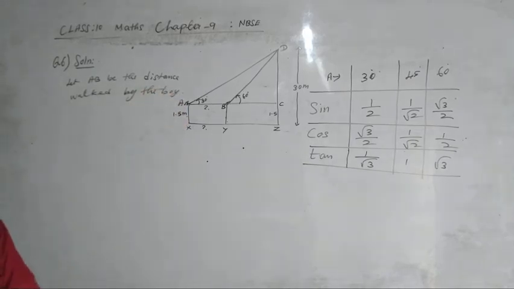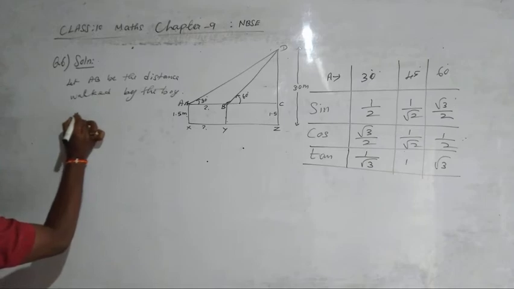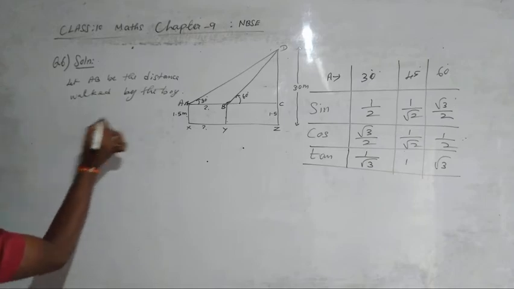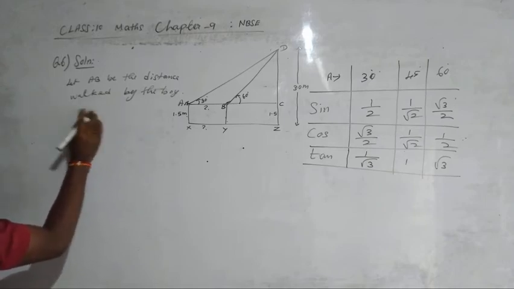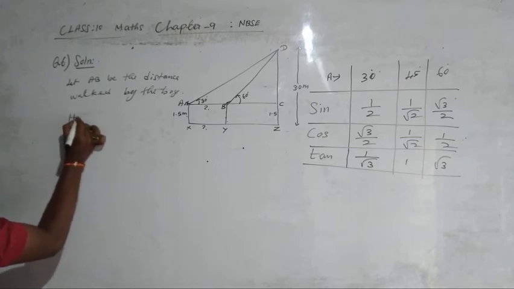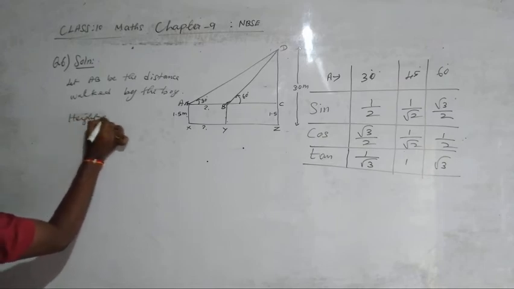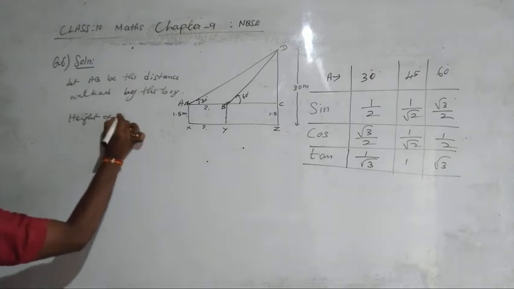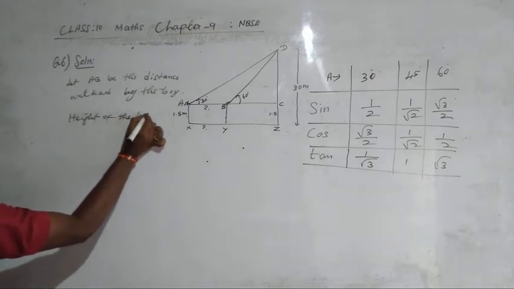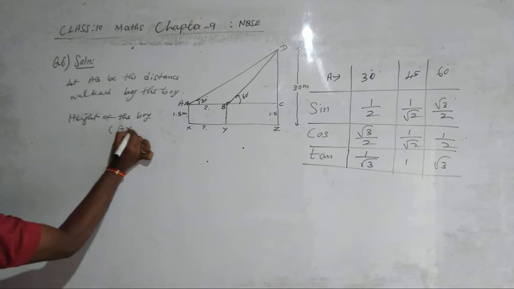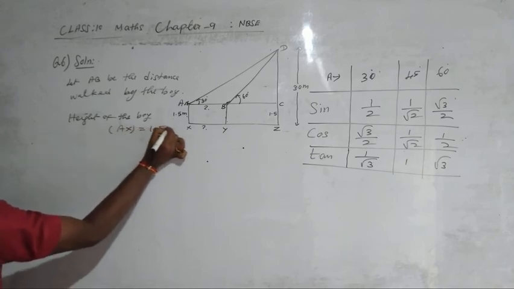The height of the boy, AX, is equal to 1.5 meter.